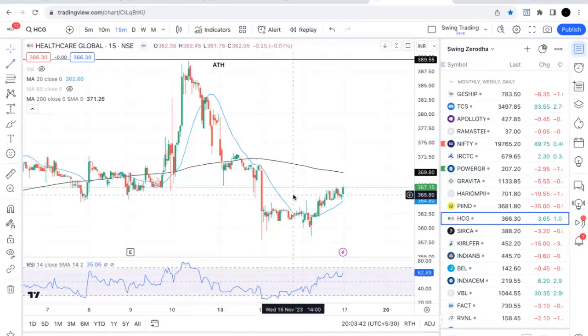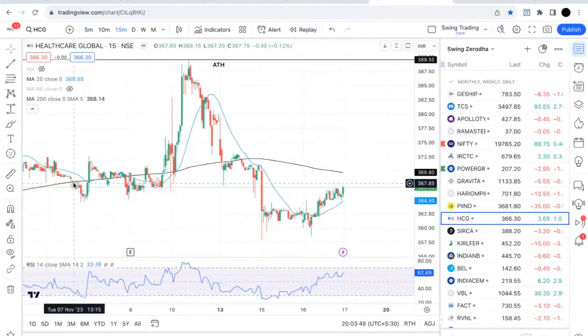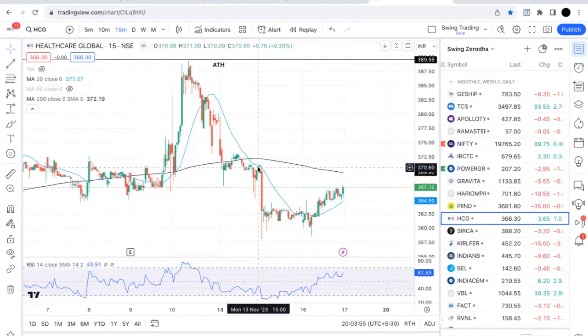Okay, so I hope you saw the 3 different entry points. One is where the price moves away from the 20, and you're expecting it to move back. The other is where the 20-period moving average and the 200 are close to each other, and the 20 is rising.